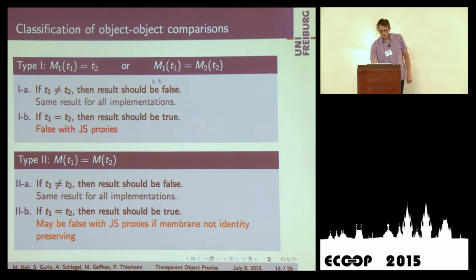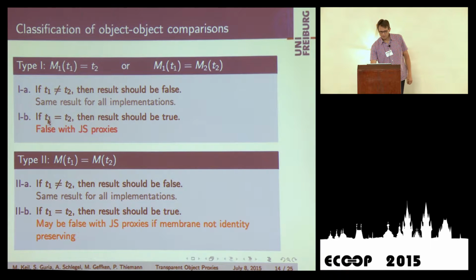Now we distinguish 2 cases, namely whether or not the underlying naked objects are the same, in the most restrictive sense of the word. If they are different, then the result should be false. That is going to happen in all cases, so these cases don't matter. They never change, regardless of how you implement your membranes.